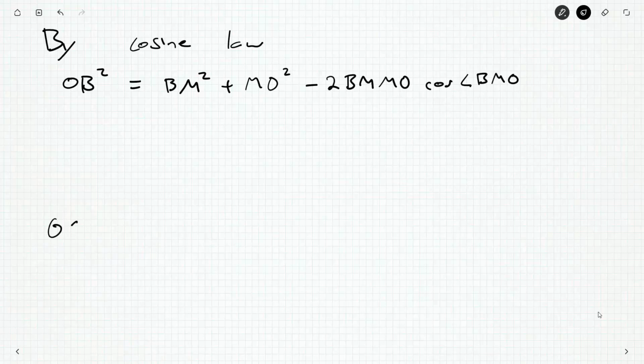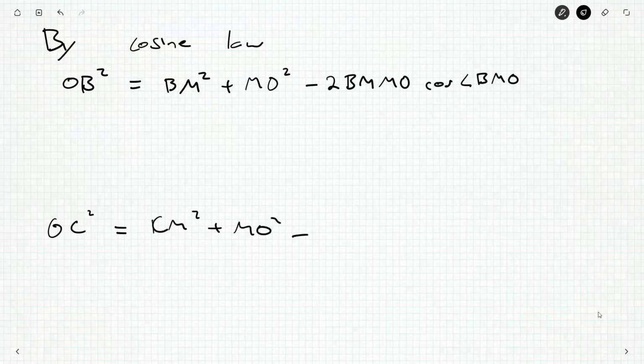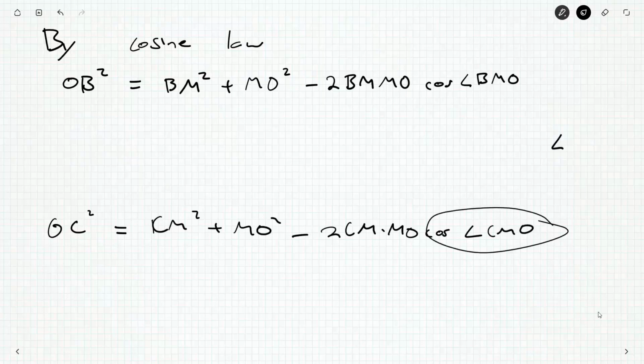And OC squared is CM squared plus MO squared minus 2 CM MO cos angle CMO. But of course BMO plus CMO equals 180 degrees. So we can change this into angle BMO, and I think we'll be able to cancel them out.